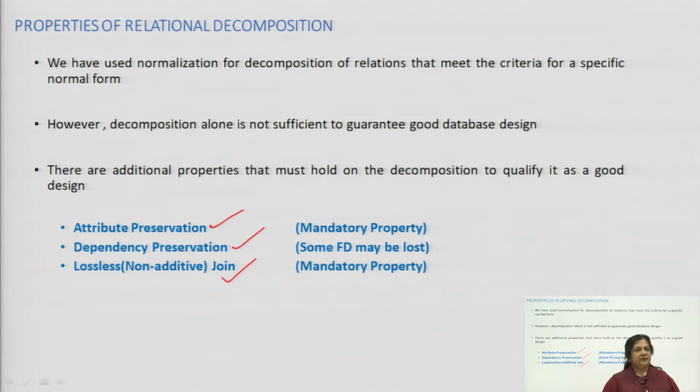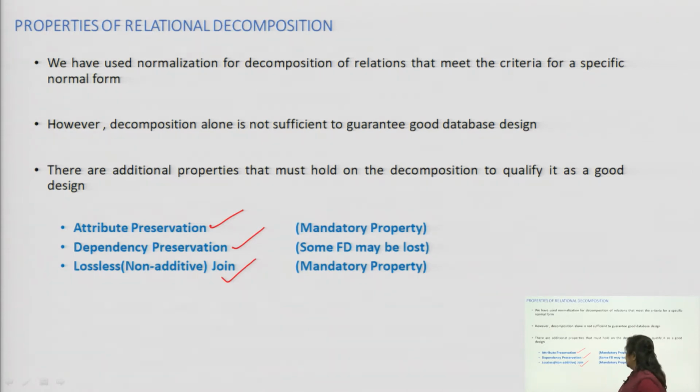The dependency preservation property means that whenever there is a decomposition, then all the functional dependencies or other dependencies that we will study further should be maintained in one of the decompositions, and a lossless join or non-additive join property means that whenever there is a decomposition, then performing a join of the decompositions, we should be able to get the original relation back.